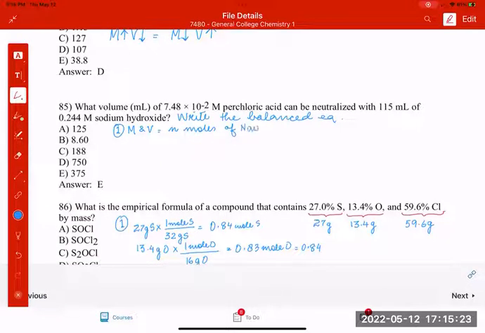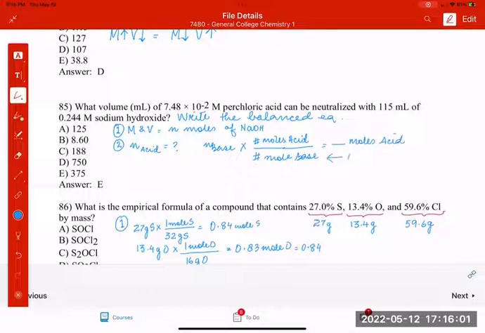Then use the mole to mole ratio. Find the moles of the acid, in this case it's perchloric acid, by using the mole to mole ratio. So you take the moles of the base, in this case sodium hydroxide, multiply by the number of moles of the acid from the balanced equation over the number of moles of the base. So that gives you the moles of acid.